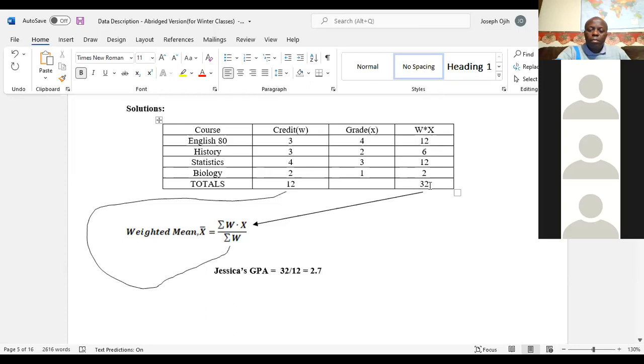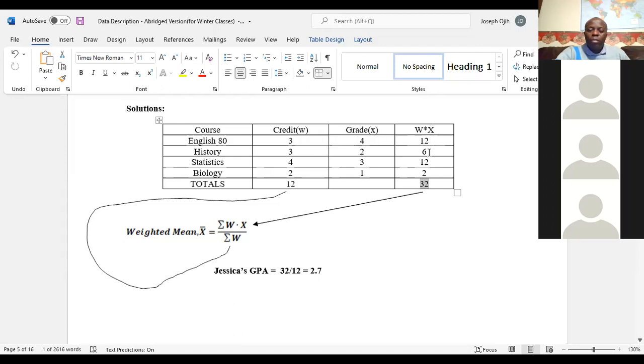See my cursor, W times X. All numbers that constitute W times X are here. That's why I drew the arrow to show you. W times X means 3 times 4, 12.